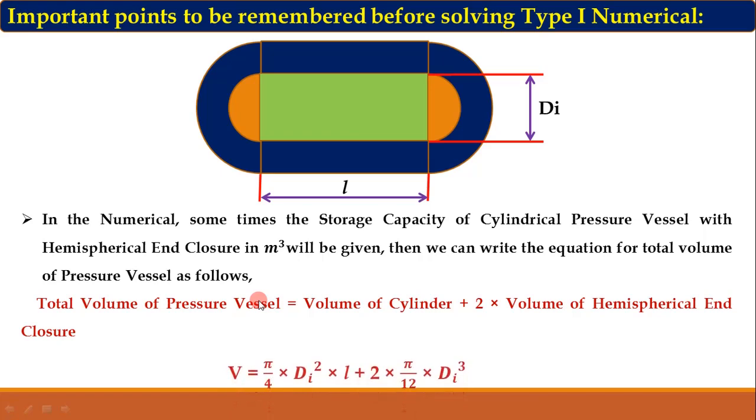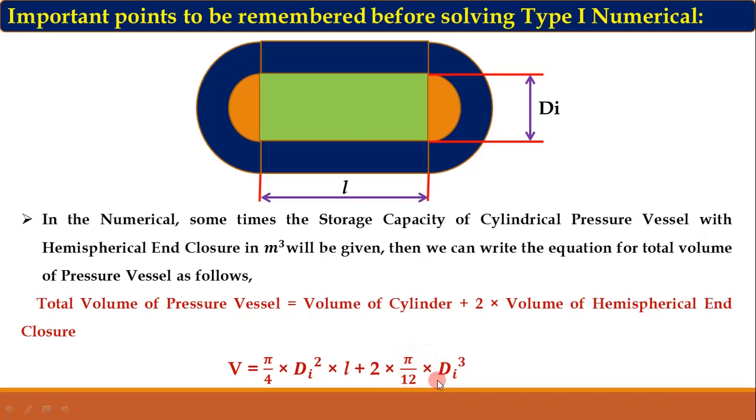So we can write the total volume V is equal to the volume of cylinder, pi by 4 di square into L, where di is the internal diameter of the cylinder and L is the length of cylinder, plus twice into pi upon 12 into di cube.